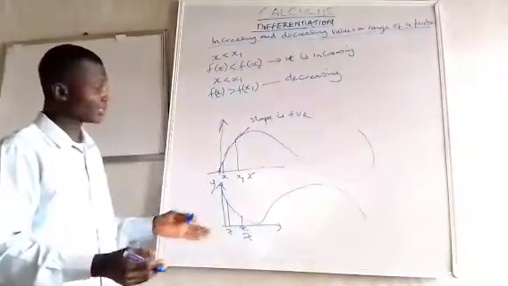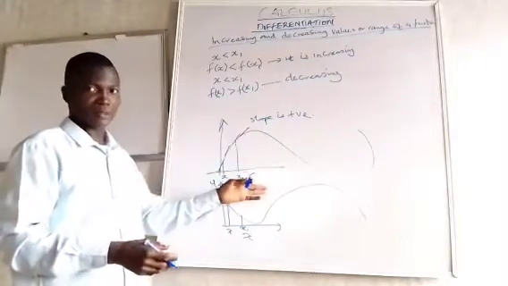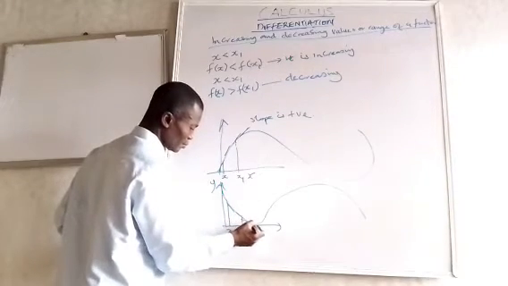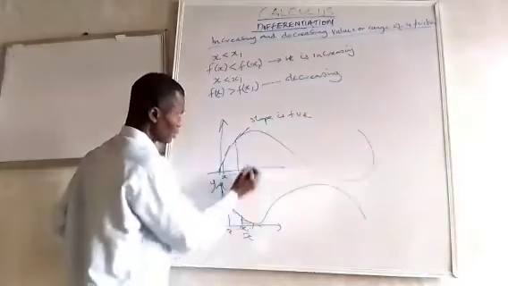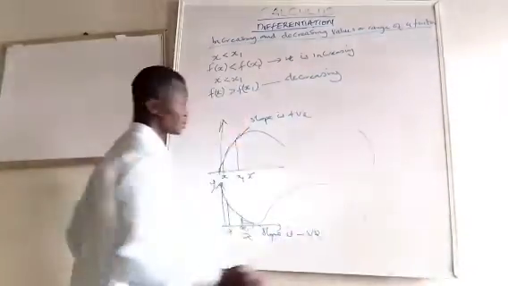It might be reducing, it might be increasing, but one thing is sure, the slope is positive. Look at this one too. Slope is negative. So that's how we know.